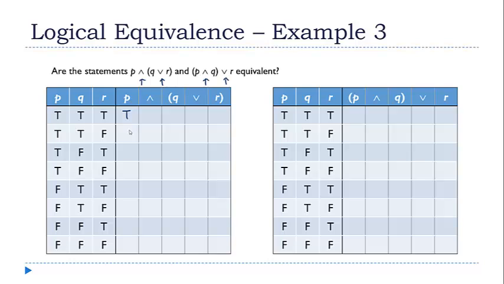I'm going to copy over the p-values and the q-values and the r-values. And because this is the really tedious part and I like to get it over with, I'm going to go ahead and do the same thing over here.